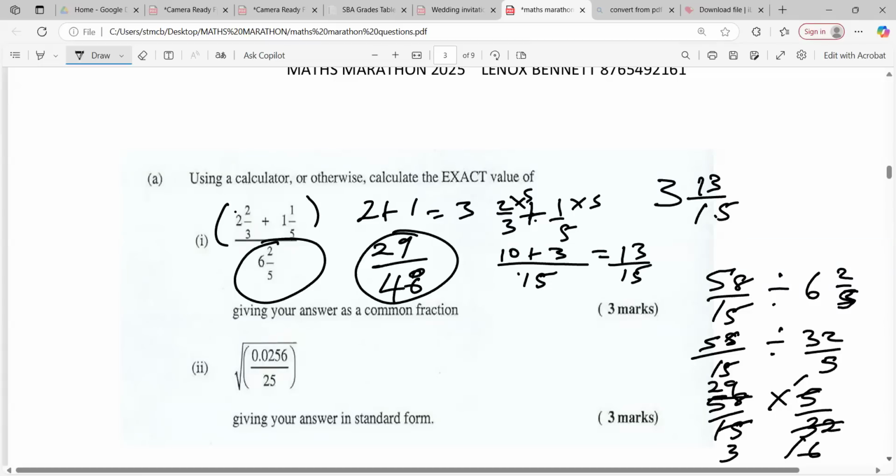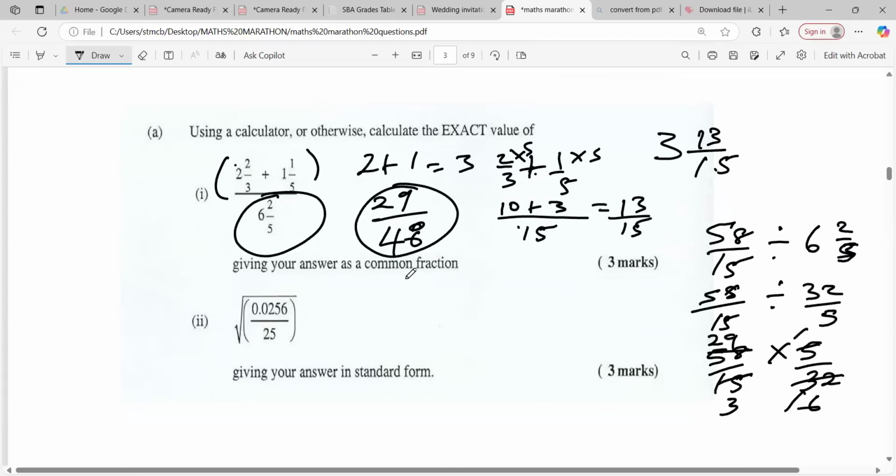Alright. This one now, we're going to divide, right? We're going to divide first, and then find the square root. So let me just punch that in my calculator. So with these, you definitely have to use a calculator. Try use a brain with this. Alright, so 0.0256 divided by 25.